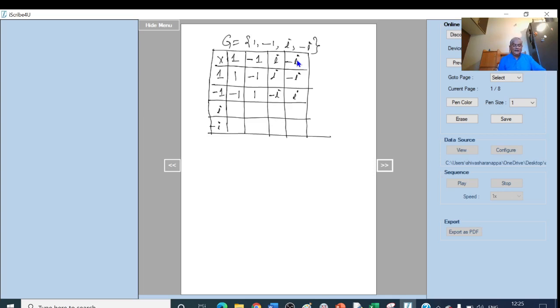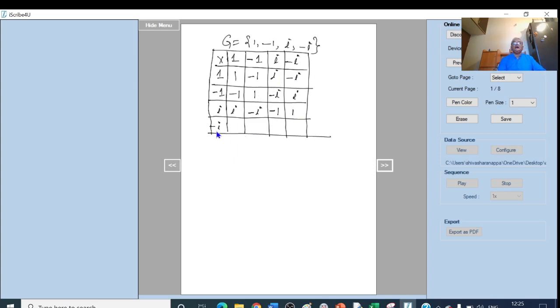Okay. Next, I into 1, I into minus 1, I into I, I into minus I. I into 1 is I, I into minus 1 is minus I, I into I is I square, that is minus 1. Then I into minus I is minus I square, that is minus of minus 1, which is plus 1.